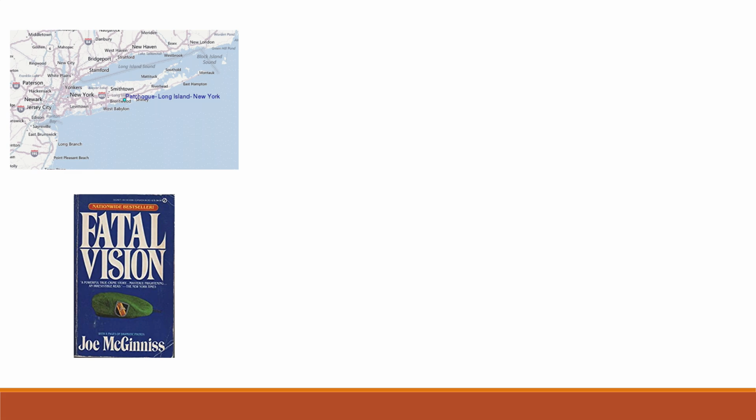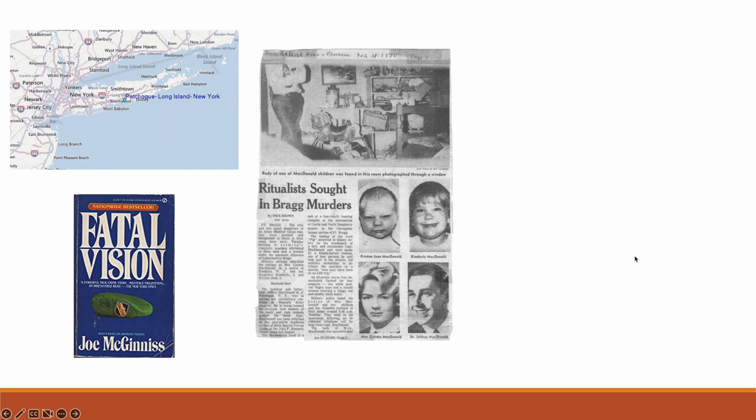So here's what happens. There was this guy by the name of Jeffrey McDonald, and Jeffrey McDonald was a Green Beret, and he was like the all-world boy. Jeffrey McDonald was the starting point guard on the basketball team, the starting quarterback on the football team, a pitcher and the shortstop on the baseball team.